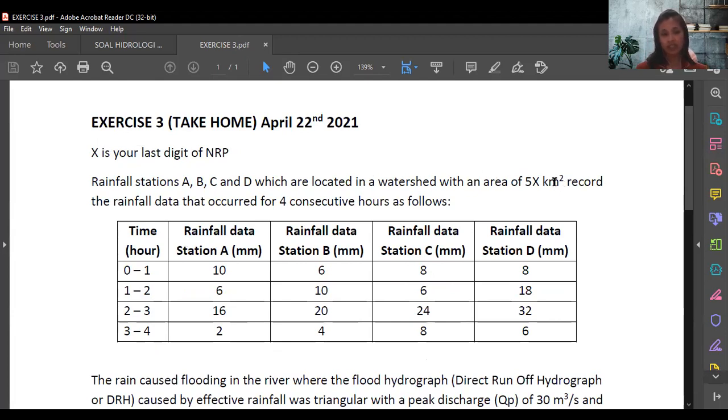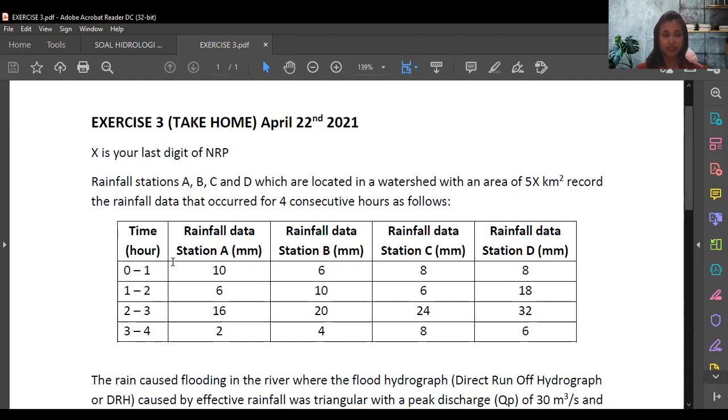And the area can be 50, 51, 52 until 59. And the problem here, we have rainfall stations from 4 stations. The data is already complete, so you don't need to fill the rainfall data using the missing rainfall data method.